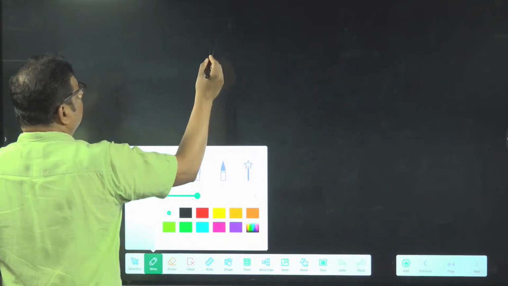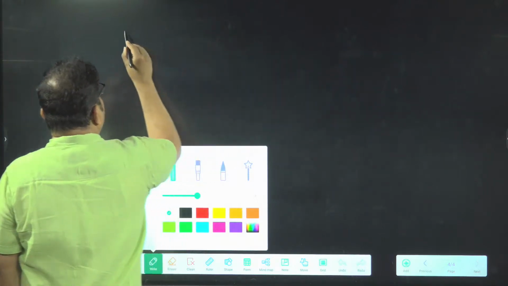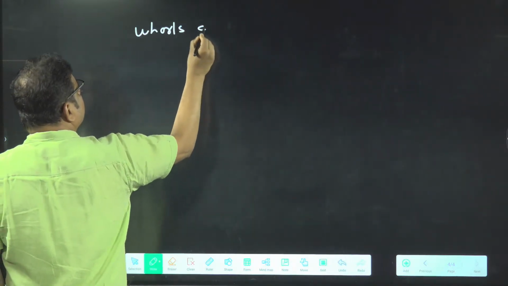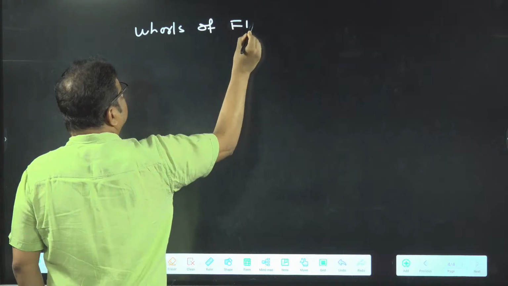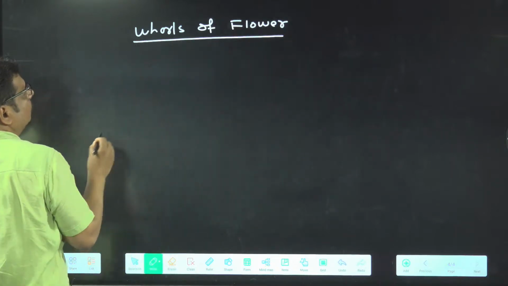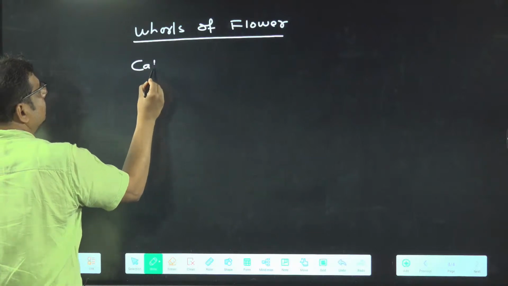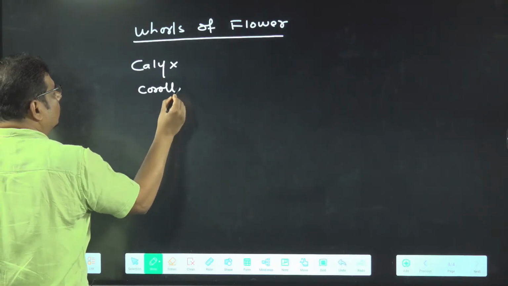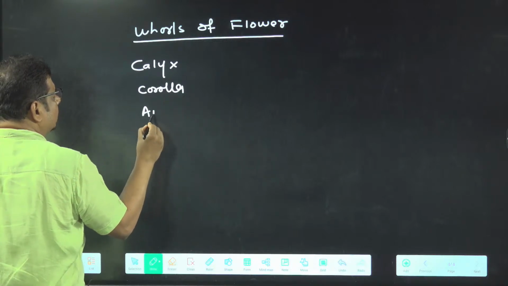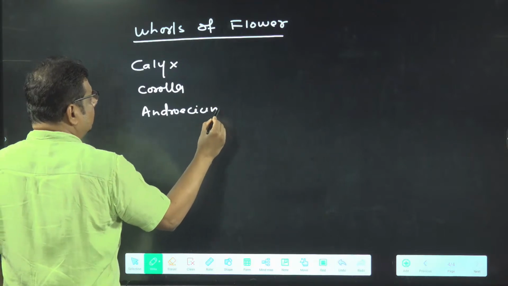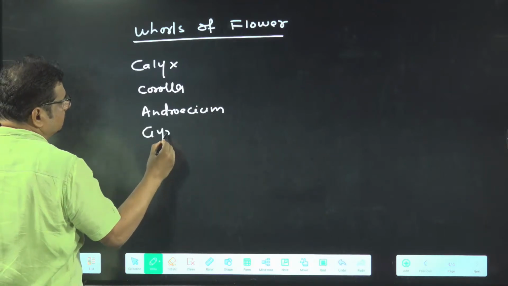So if we talk about the whorls of a flower: calyx, corolla, androecium, and gynoecium.